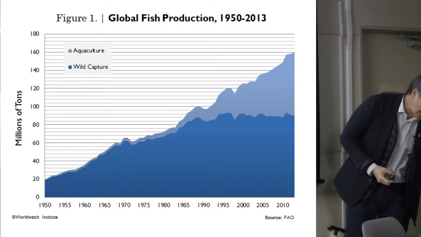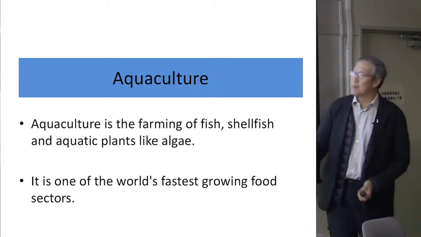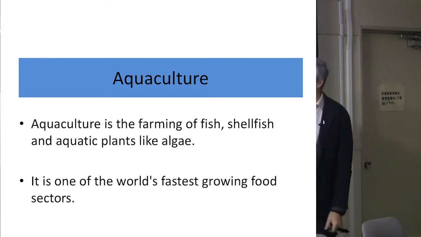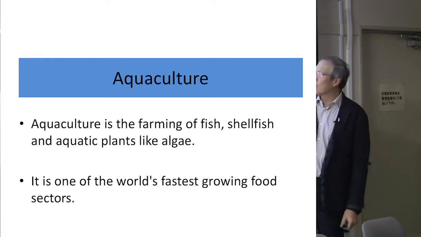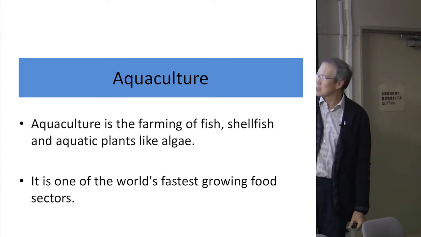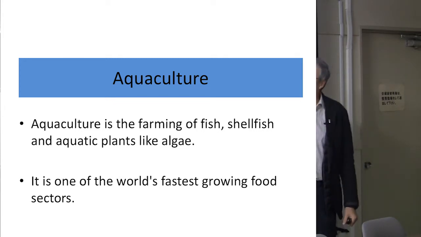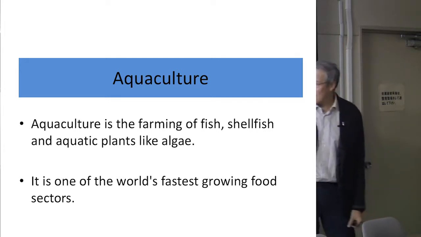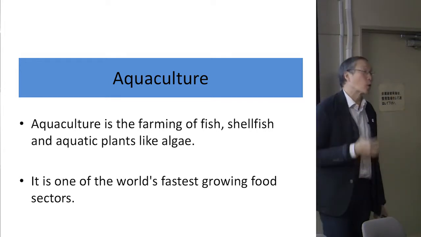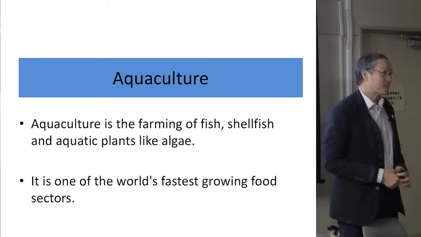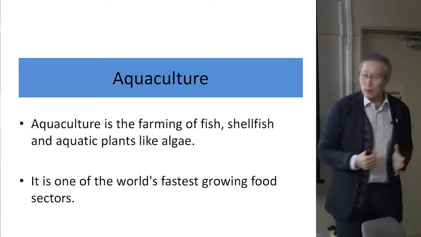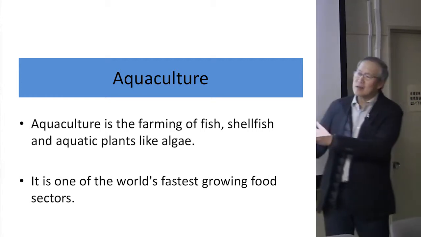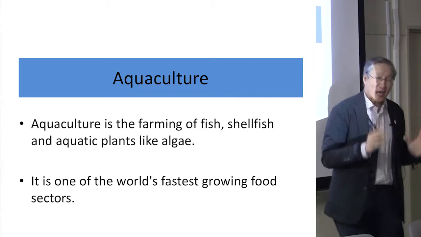So what is aquaculture again? I mentioned this before. Farming of fish, farming of oysters, clams, mussels, shellfish, farming of aquatic plants, seaweeds, for example. And it's one of the world's fastest growing sectors. Since it is one of the world's fastest, this one needs to be taken care of.